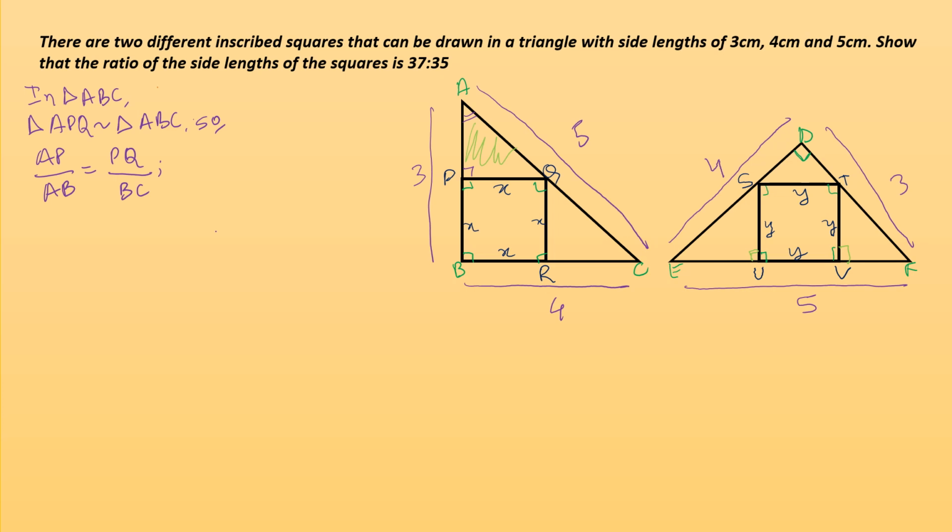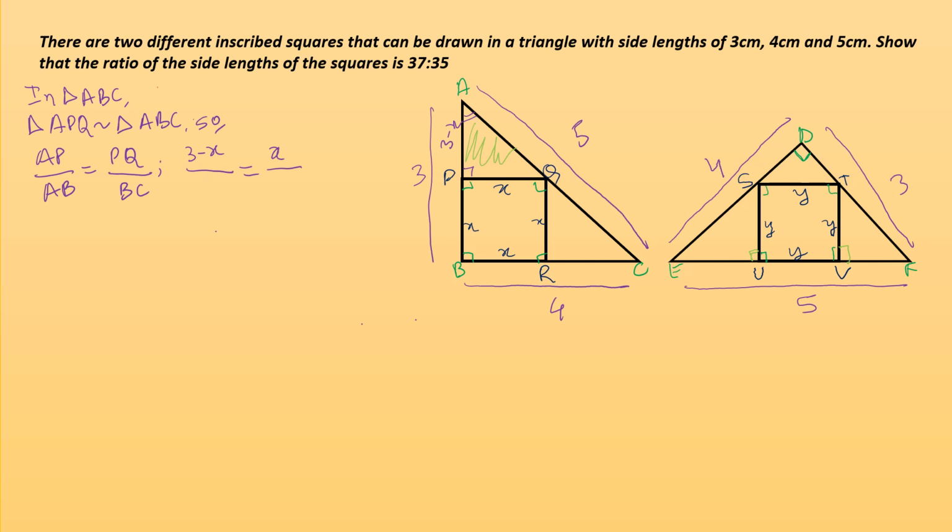When I do that, AP would be 3 minus x. So I'm going to write 3 minus x divided by AB, which is 4, equals PQ, which is also x, divided by BC, which is 4. Sorry, AB is not 4.